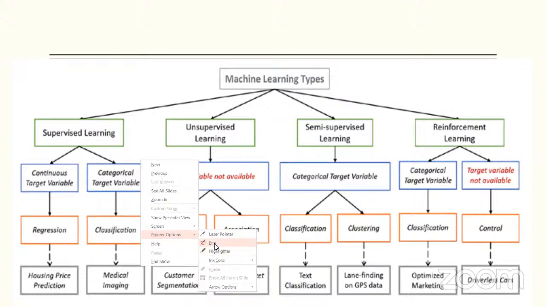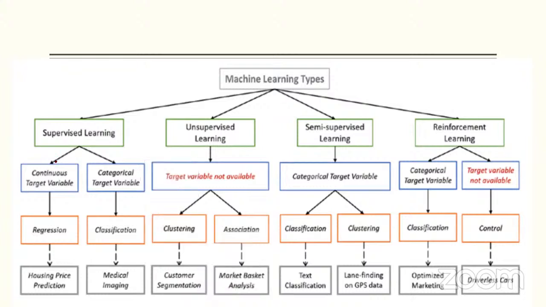So we know what supervised learning is, we know what unsupervised is. We discussed reinforcement as well. Reinforcement is based on learning, right? And semi-supervised is a mix of supervised and unsupervised, right?